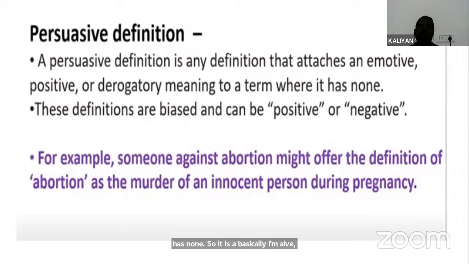Example, someone against abortion might offer the definition of abortion as the murder of an innocent person during pregnancy. So here it is an emotive meaning. So this is a persuasive definition. A persuasive definition gives an emotional definition for the particular argument. That is a persuasive definition.